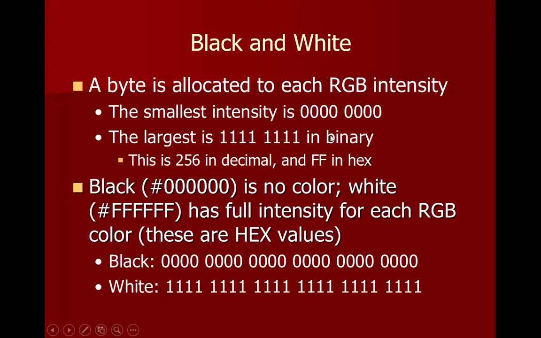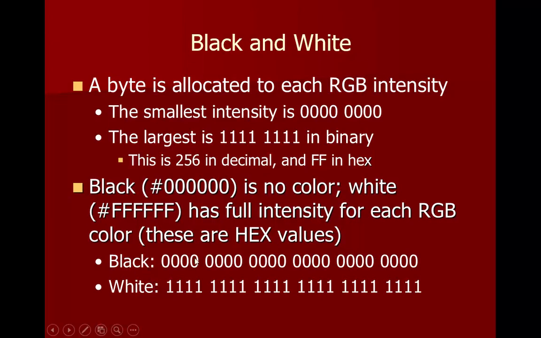And these, of course, are shown in binary, but in hex it would be FF, and in decimal it would be 256. So the idea here is that black, all zeros, is basically no color, and white, all Fs, has the full intensity for each color, and that means all red, all green, all blue. If you mix them together at their highest intensity, you actually get white.